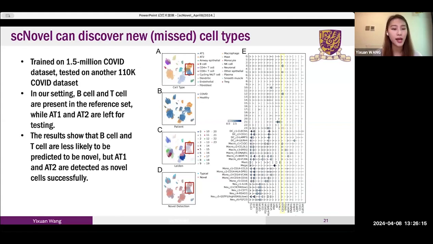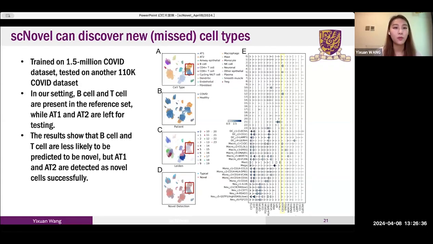However, the detection process of novel cell types is quite time-consuming and needs a lot of prior knowledge. But our proposed scNovel could find such novel rare cell types automatically, which is definitely a good aspect.